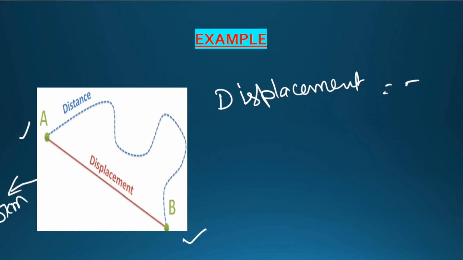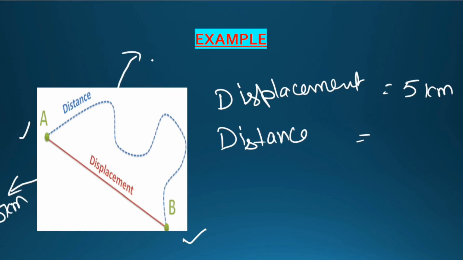Here the displacement is 5 kilometers. Now coming to the distance. For example, if it is 20 kilometers, which is nothing but the longest path, hence distance equals 20 kilometers.